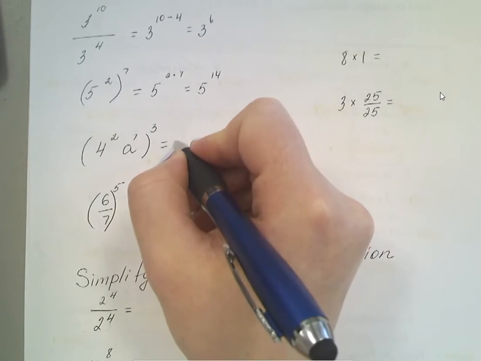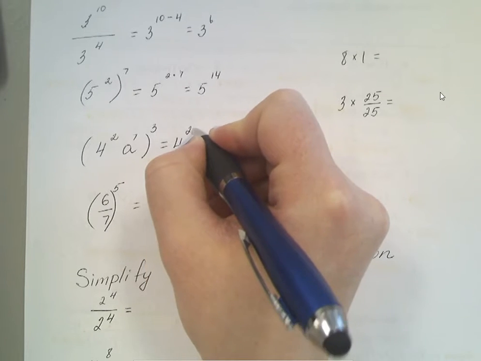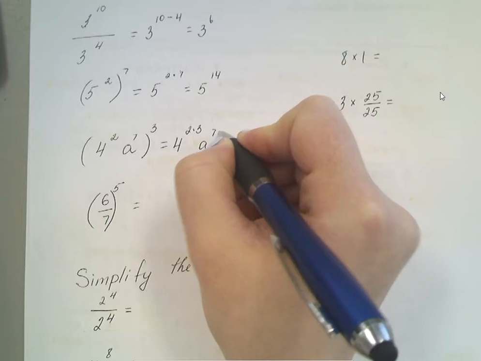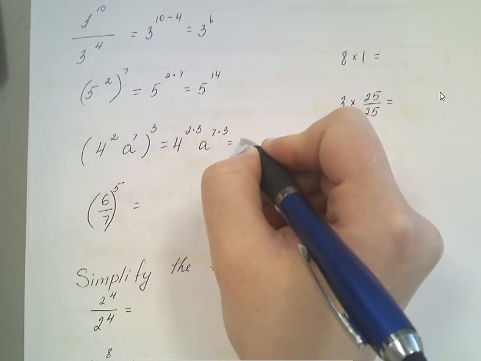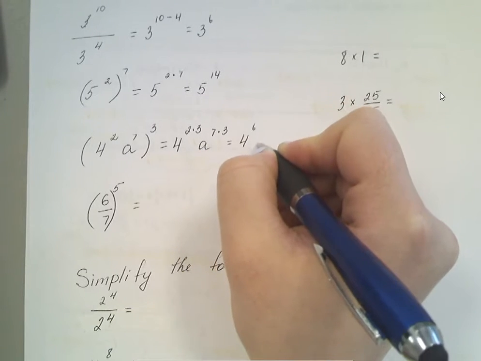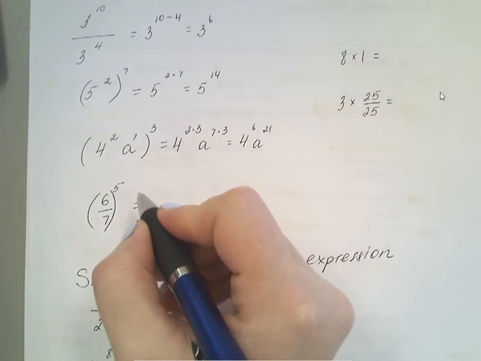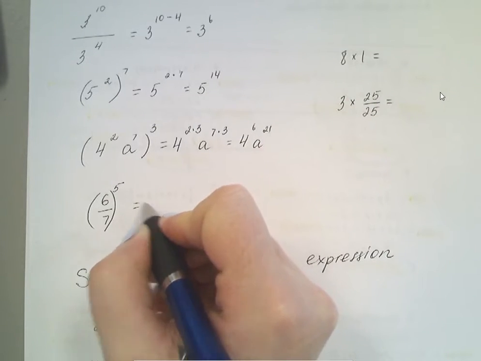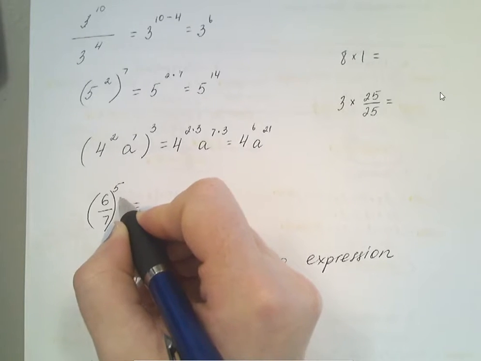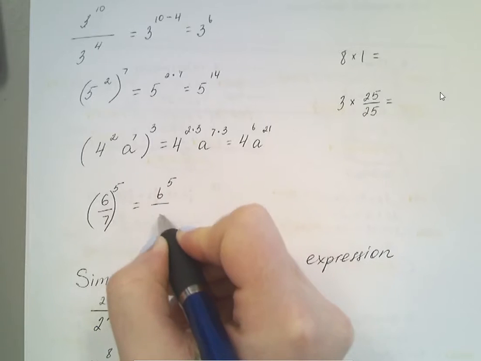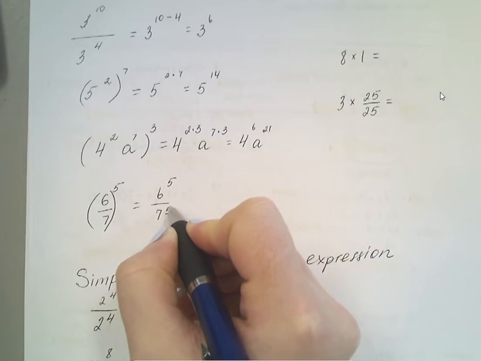So that will be 4 to the power of 2 times 3, 8 to the power of 7 times 3. And that is 4 to the 6th, 8 to the 21st. And last one that we worked on is 6 sevenths to the 5th power. That means 6 to the 5th over 7 to the 5th.